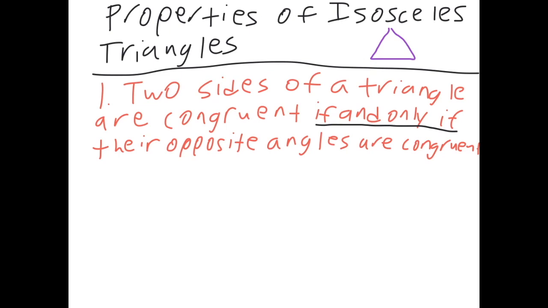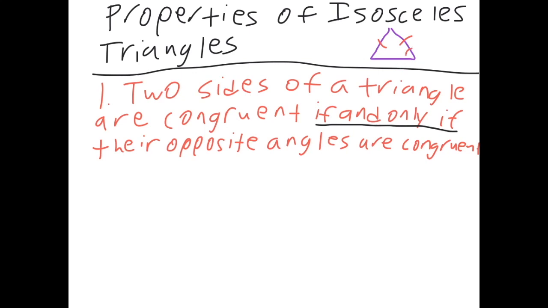So a quick drawing of that is if these two sides are congruent, remember these little dashes through the sides mark them as congruent, then that means the angles opposite them are congruent. So we have this angle right here, so the angle opposite it is right here.